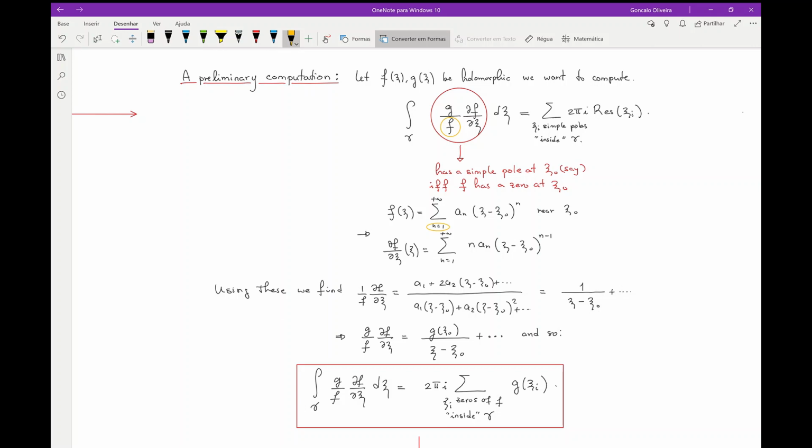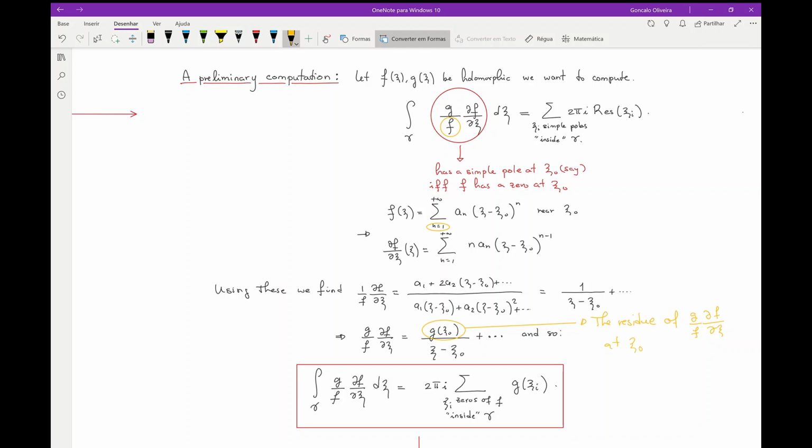It's basically this computation. And then if you multiply by g and you take the expansion near chi naught, then of course you get the g of chi naught there. So this guy is the residue of g over f df d chi at chi naught.